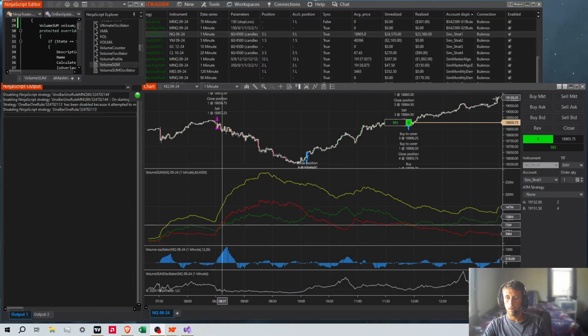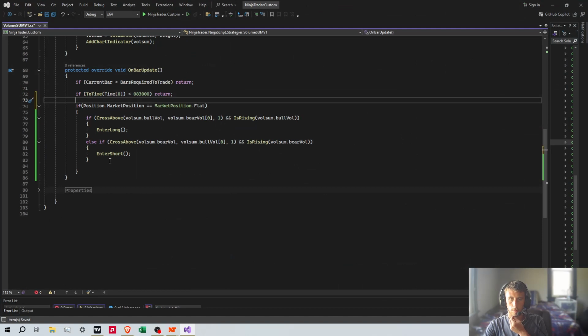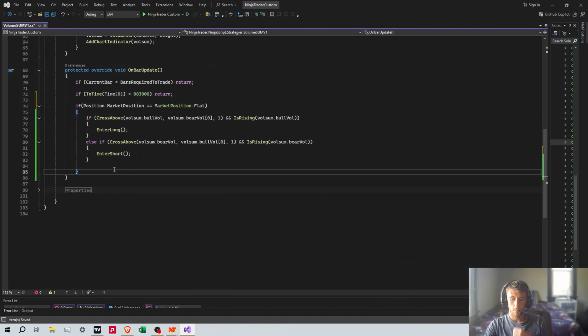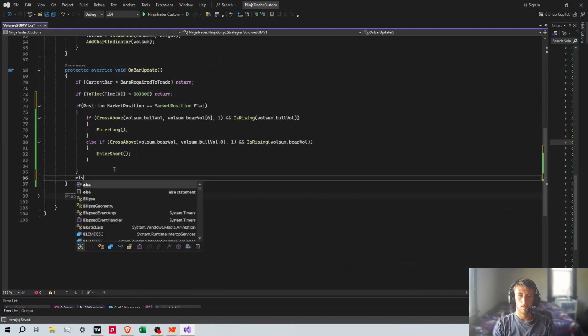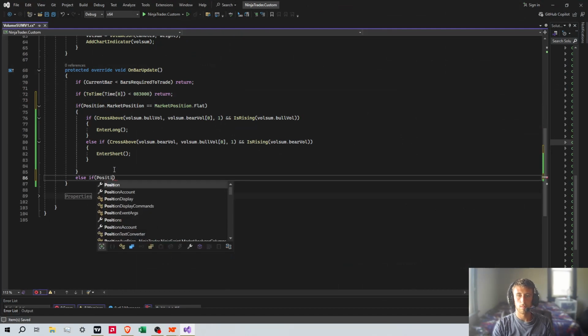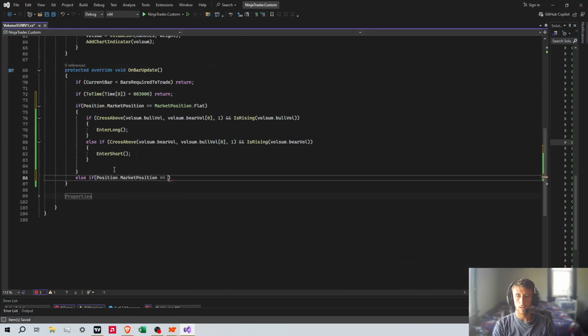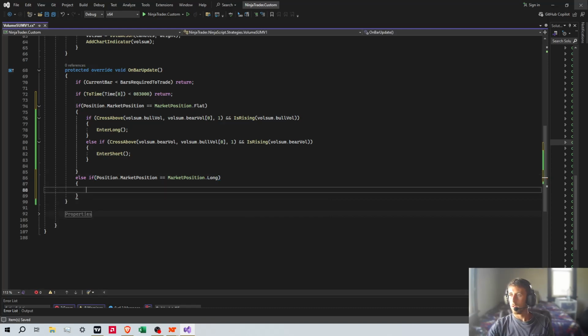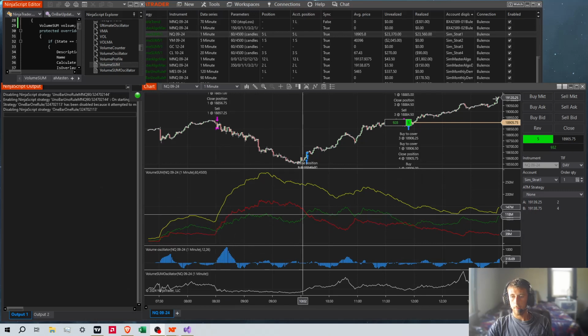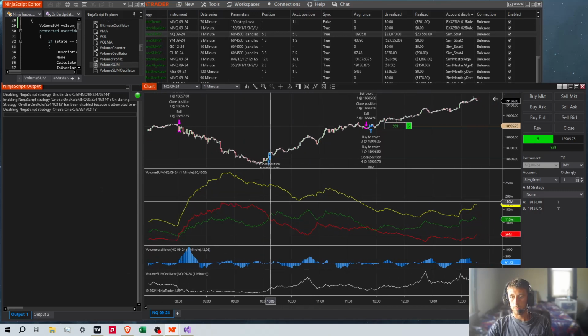So once we're in our original, we'll do position equals market position dot long. So now if we're in a buy, go to this one.